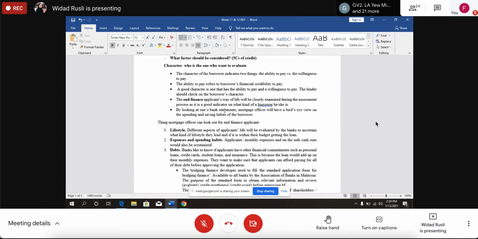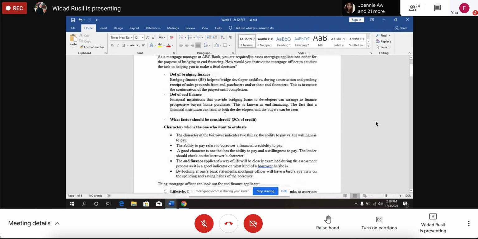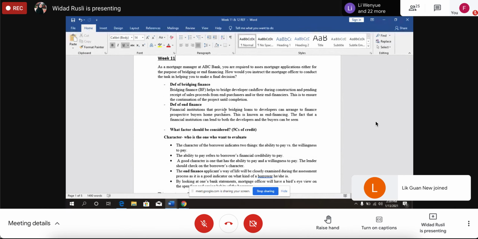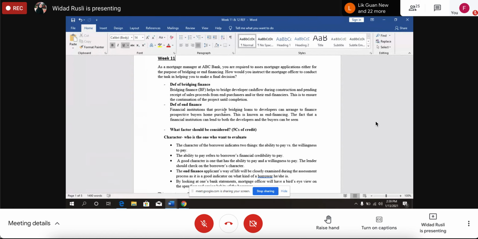Any comment from you? Look at the question again. Let me check. How the instructions given by the mortgage manager to the mortgage officer can help in making final decisions.